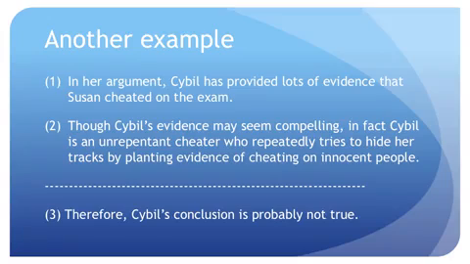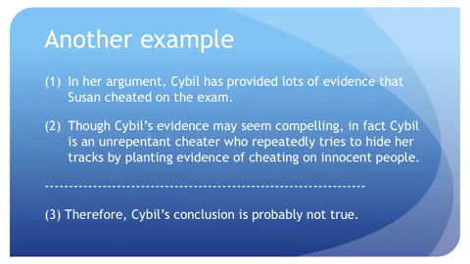Here's another example of a denier that's a good argument. Suppose that Sybil is arguing in front of, let's say, her university's honor court, that her classmate Susan cheated on some exam that both Sybil and Susan took. Now, I might argue as follows. Look, in her argument, Sybil did provide a lot of evidence that Susan cheated on the exam. But though Sybil's evidence may seem compelling, in fact, Sybil herself is an unrepentant cheater who repeatedly tries to hide her tracks.